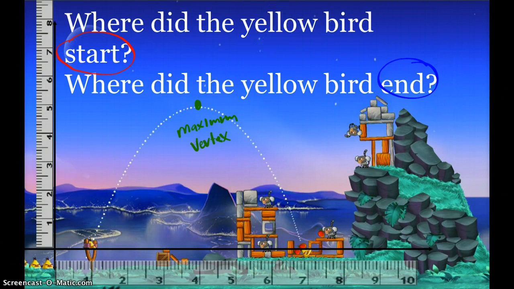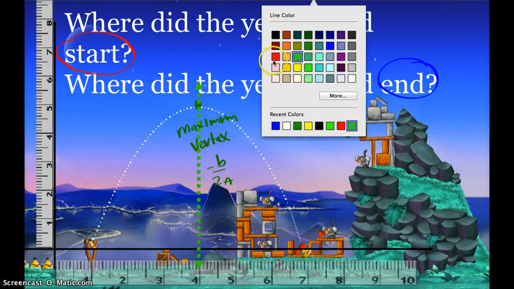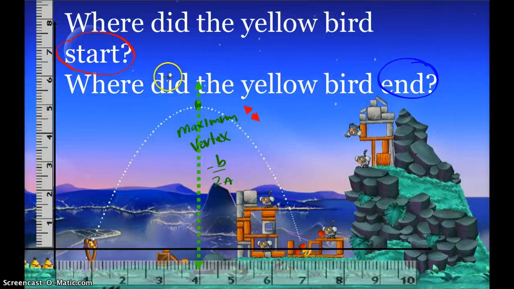We know that this vertical line here is the equation negative b over 2a. And if you plug in that value, you will get the second value, which is your y value. Plug it in, and you get your y value.